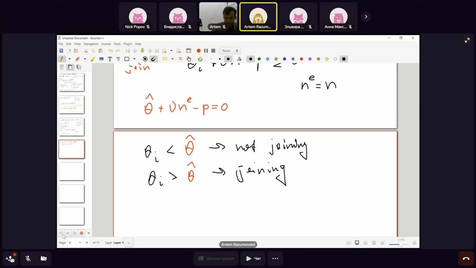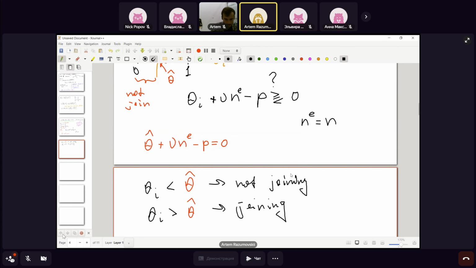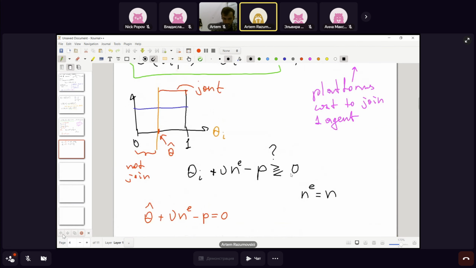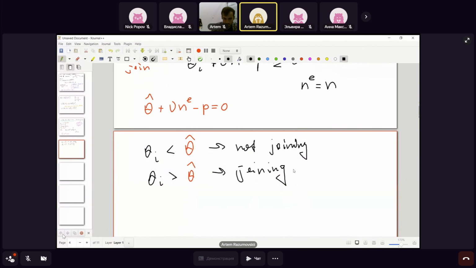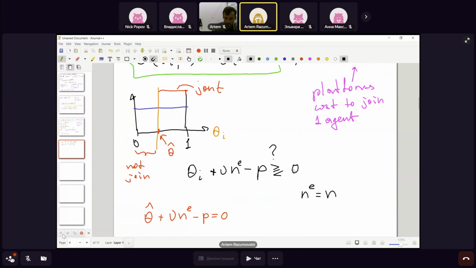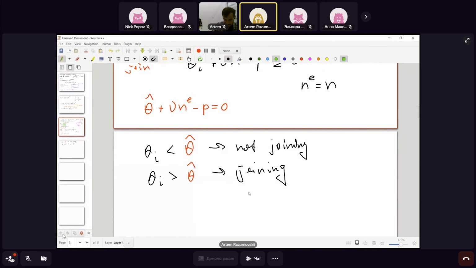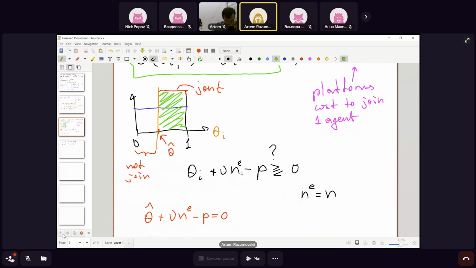That's rational, right? So then in equilibrium, how many agents will join the market? We know that these agents join the market. How can we calculate them? We should just compute this square.